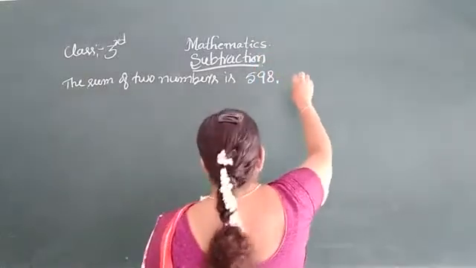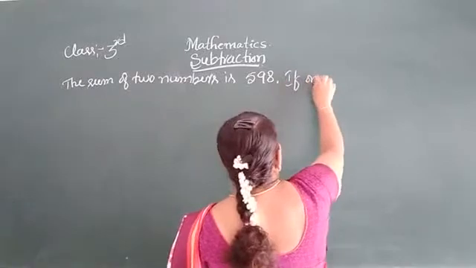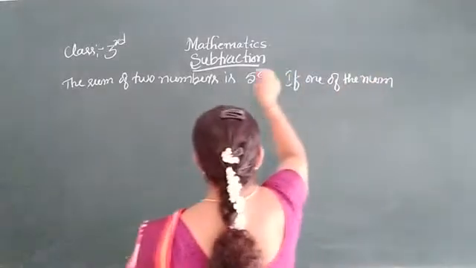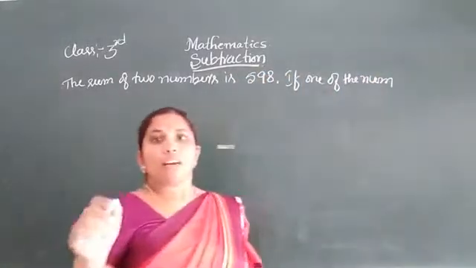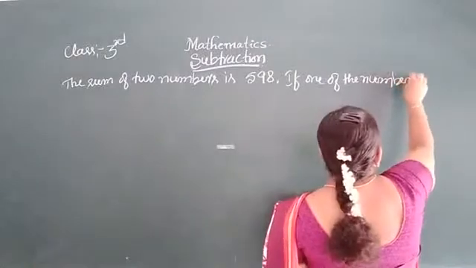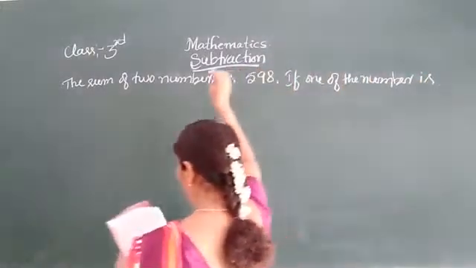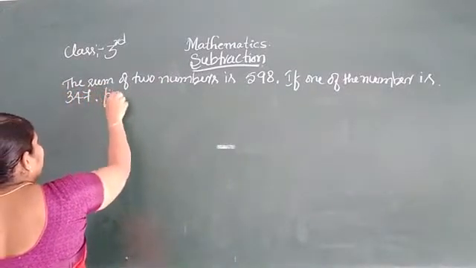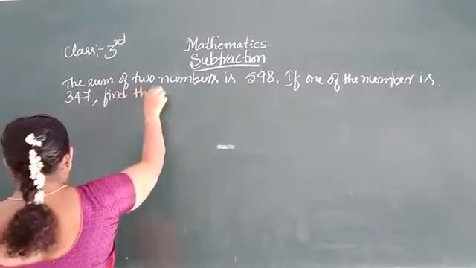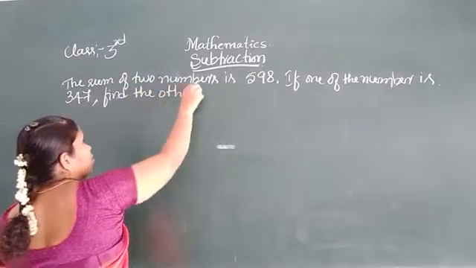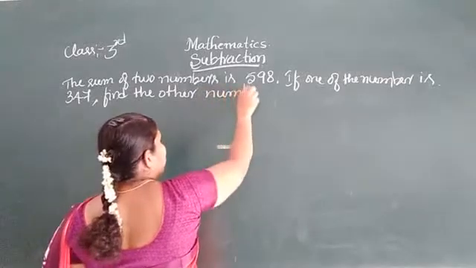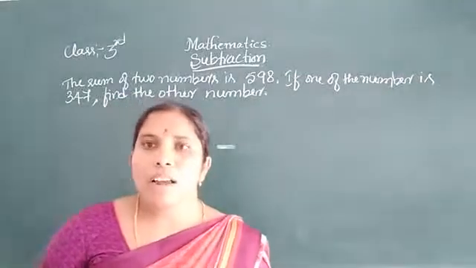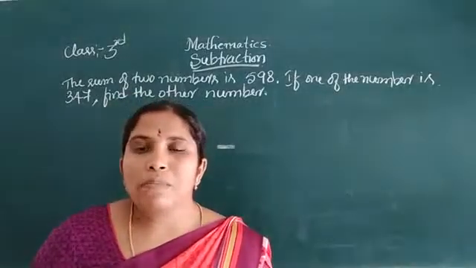If one of the numbers is 347, find the other number.